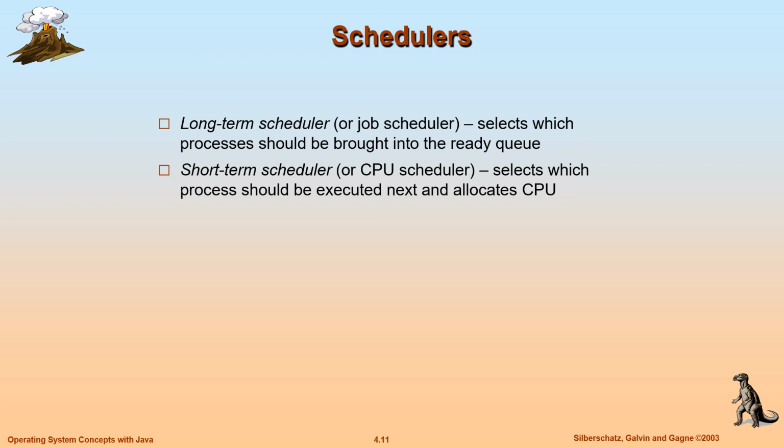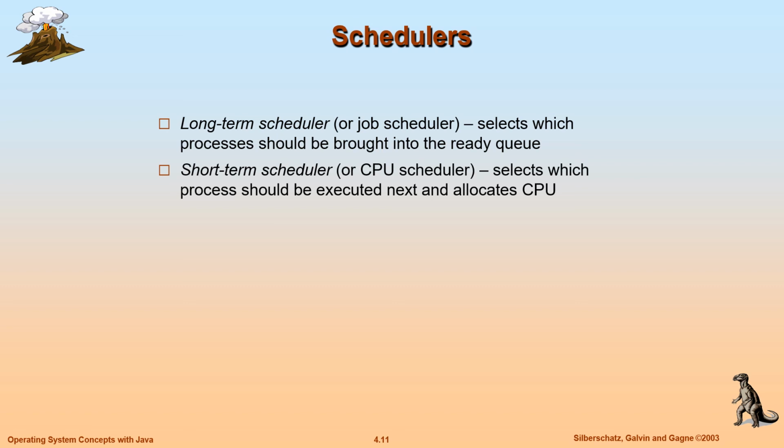The long-term scheduler executes much less frequently. Minutes may separate the creation of one new process and the next. The long-term scheduler controls the degree of multiprogramming.